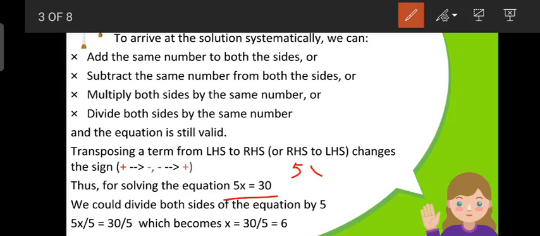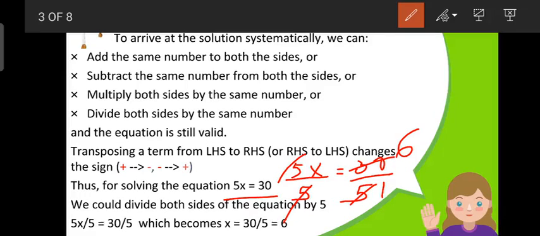So 5x divided by 5 is equal to 30 divided by 5. Why are you dividing it? Because it is multiplied with x. Therefore, you have to divide both sides so that 5 and 5 get cancelled. So x is equal to 30 divided by 5, 5 sixes are 30. Therefore, x equals 6 is the answer.